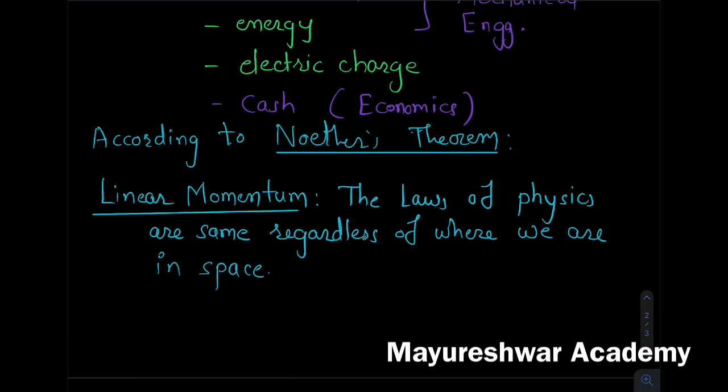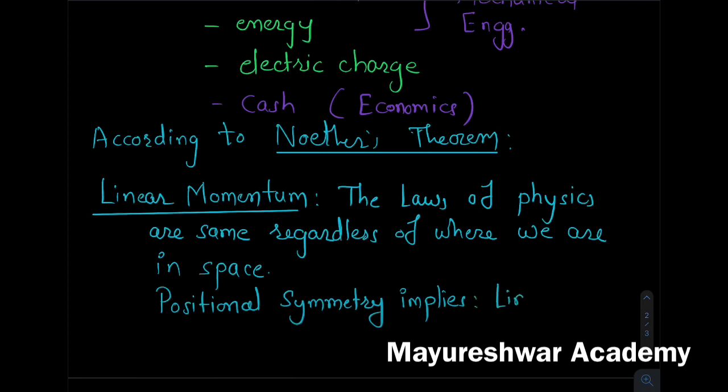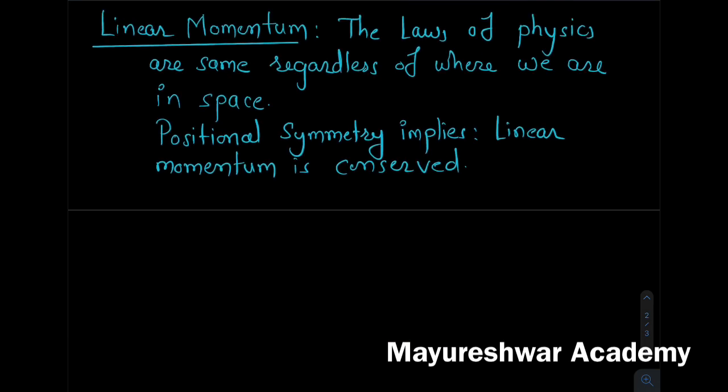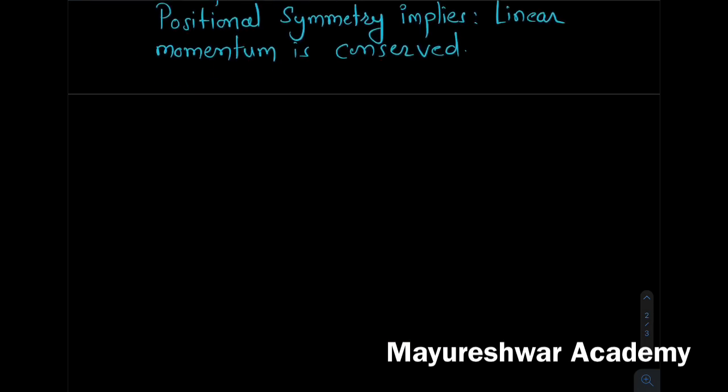This is basically a symmetry based on position. So positional symmetry implies linear momentum is conserved. This is always true. Whenever we have positional symmetry, linear momentum is conserved.